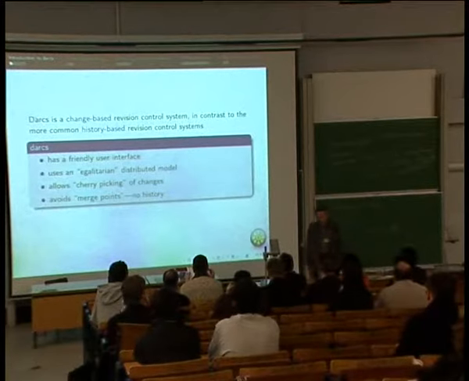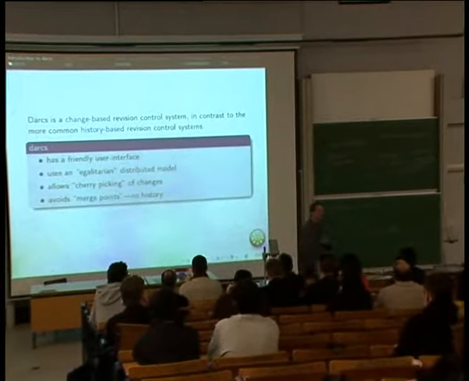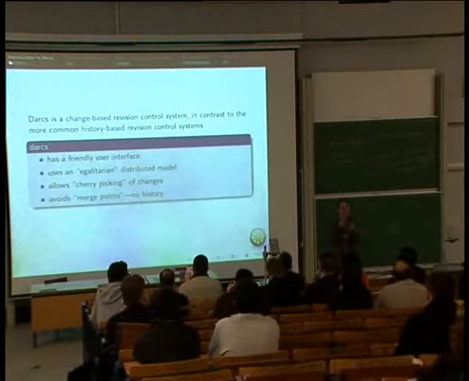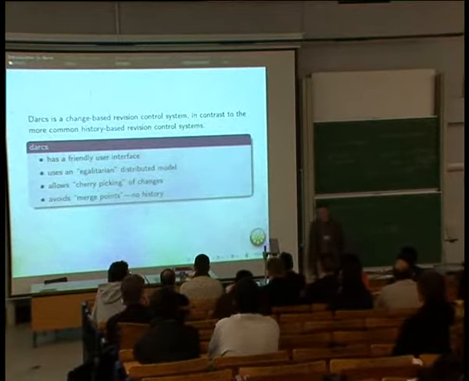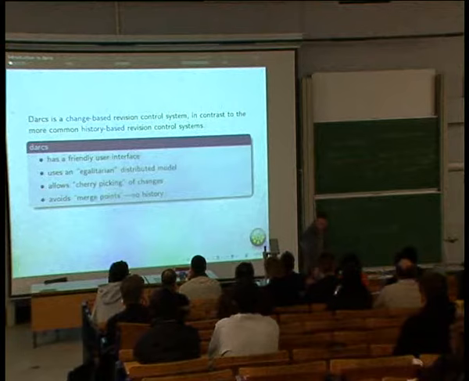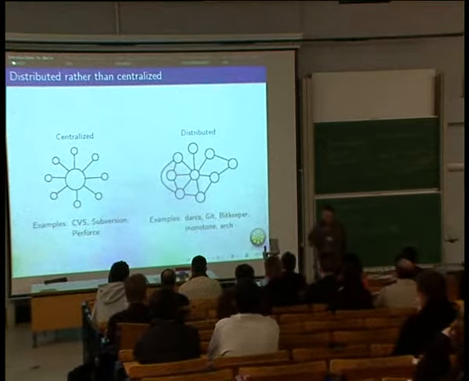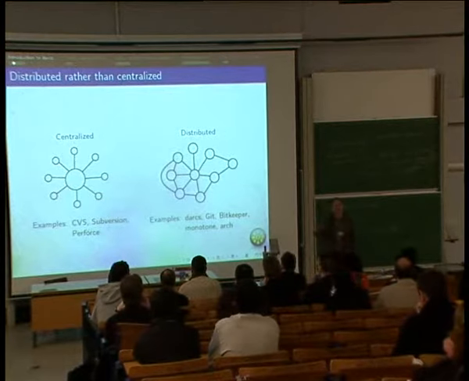But it's actually quite easy to use. It uses an egalitarian distributed model. Because of its ability to reorder changes, you can have very nice cherry-picking abilities. And it doesn't have merge points, which is something you see in, for example, Arch, or in Git even, issues. So just a few little diagrams.